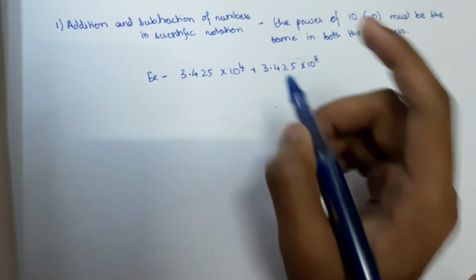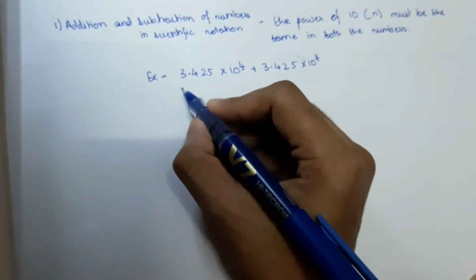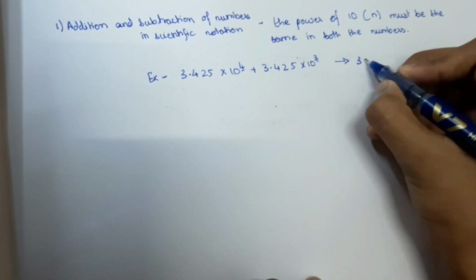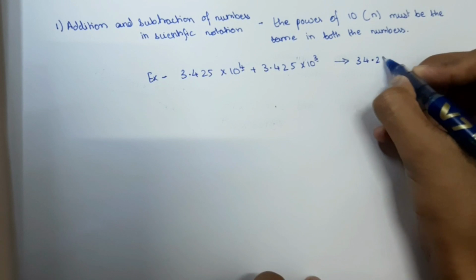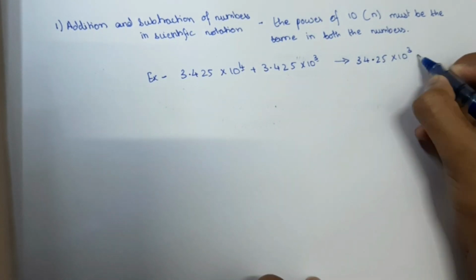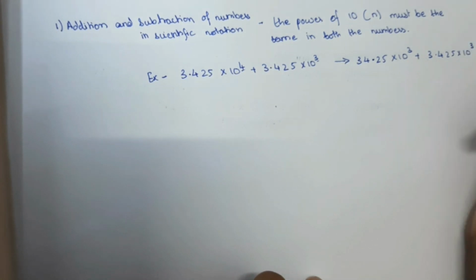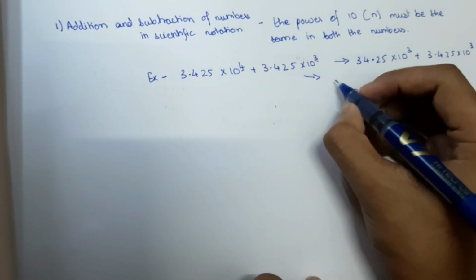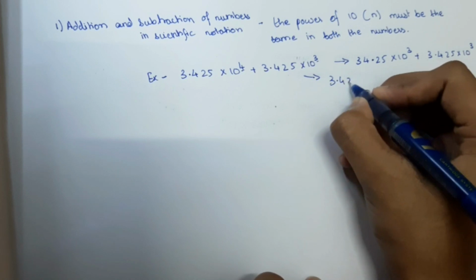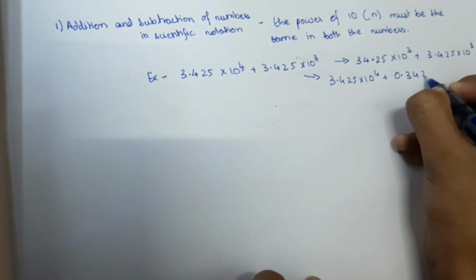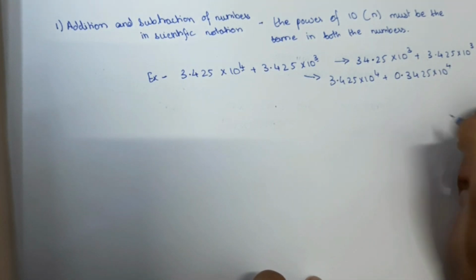And we can do that in two ways. We can either say this is equal to 34.25 into 10 raised to 3 plus 3.425 times 10 raised to 3, or we can also write it as 3.425 times 10 raised to 4 plus 0.3425 times 10 raised to 4.